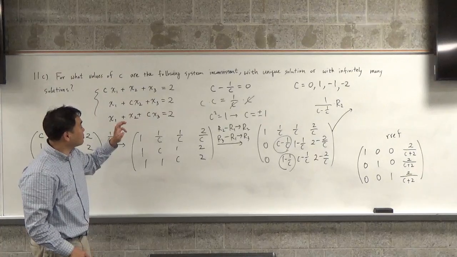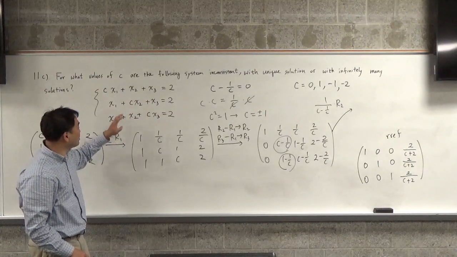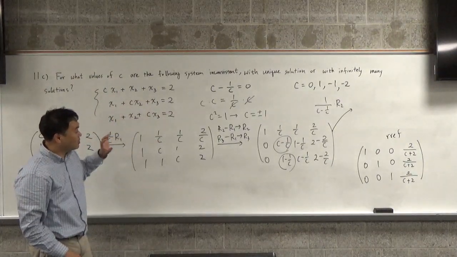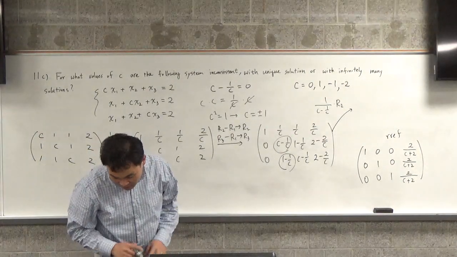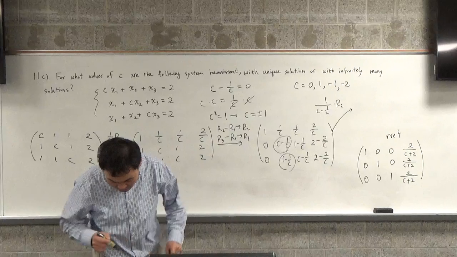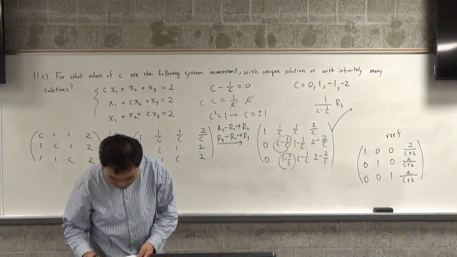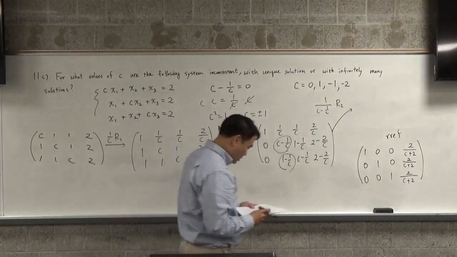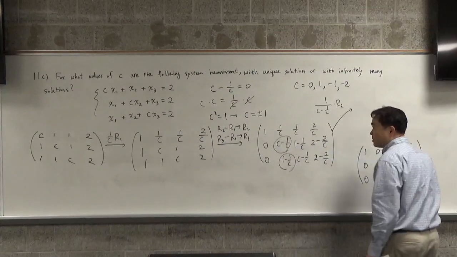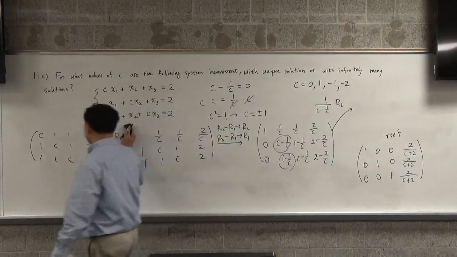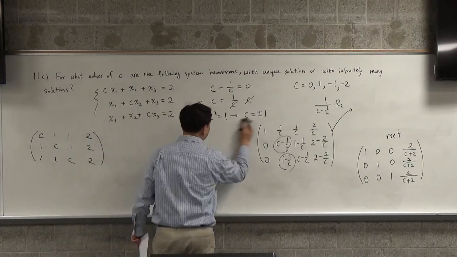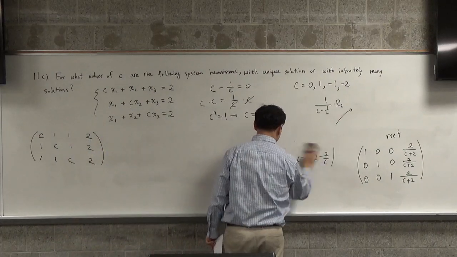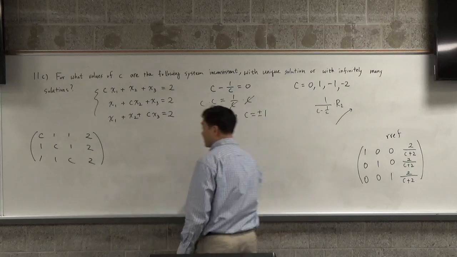And then for c equals negative 2, if you do the REF, then, do I have it here? Oh, I have it here. Since this is pretty straightforward, let me just tell you the results of the REF.